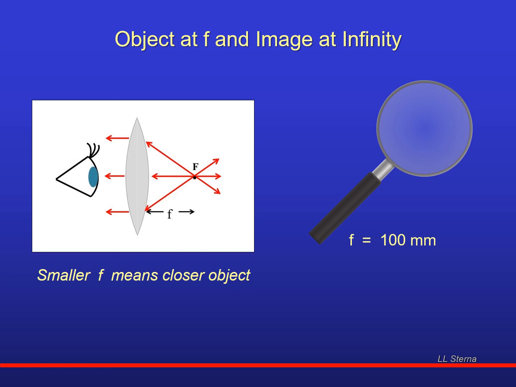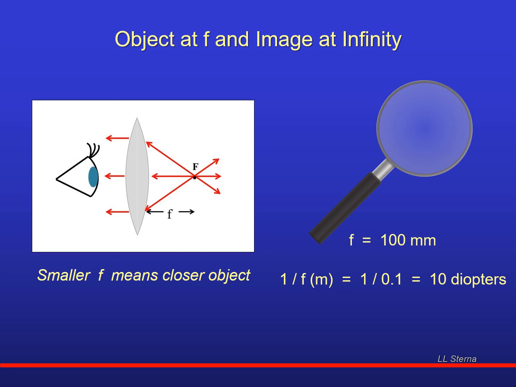Now, milli is 10 to the minus 3. So 100 millimeters, 100 times 10 to the minus 3, that's 0.1 meter. So the power in diopters, 1 over the focal length in meters, 1 over 0.1 meters, is 10 diopters. So that lens is 10 diopters.